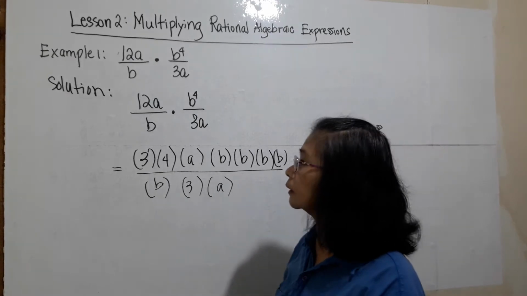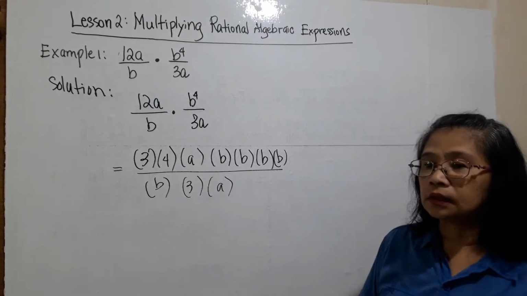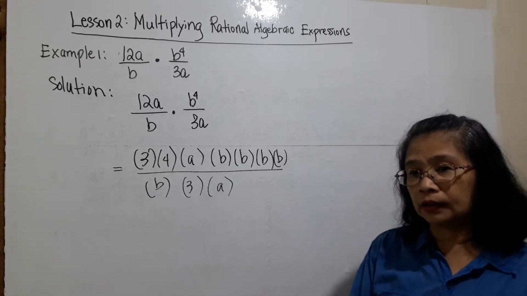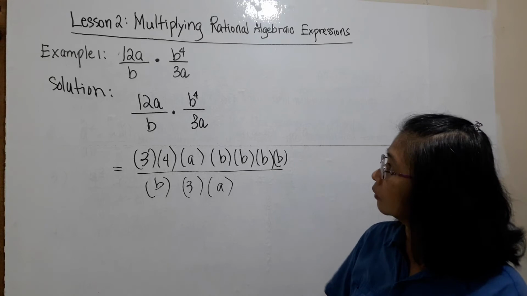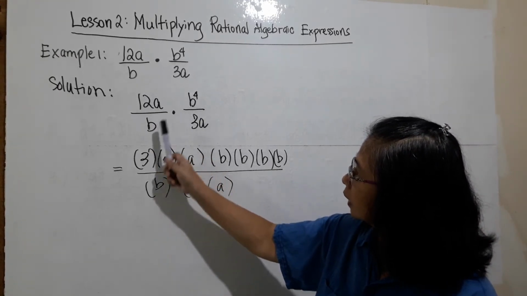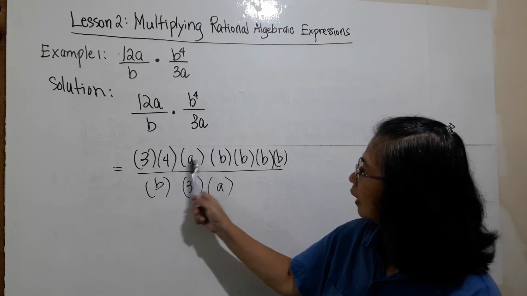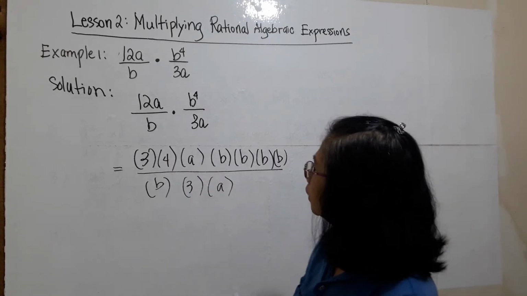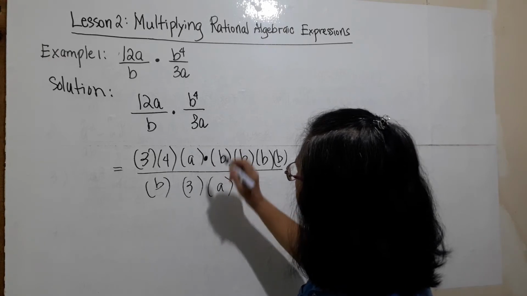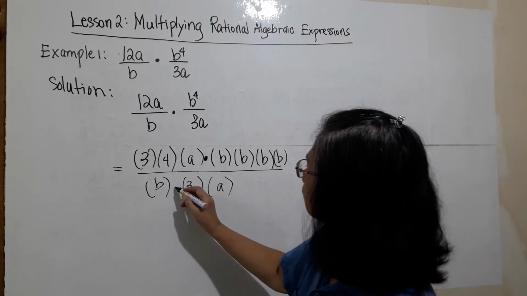Remember multiplying rational numbers? We multiply the numerators and we multiply the denominators. So I already combined the numerators and the denominators in factoring. Or we can separate them by putting a multiplication symbol.